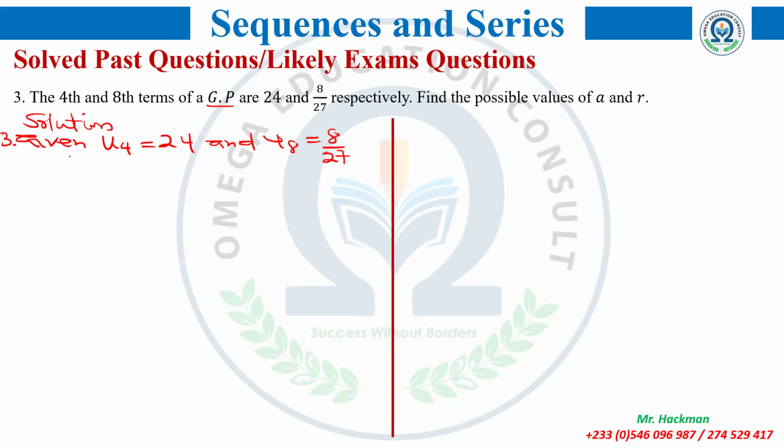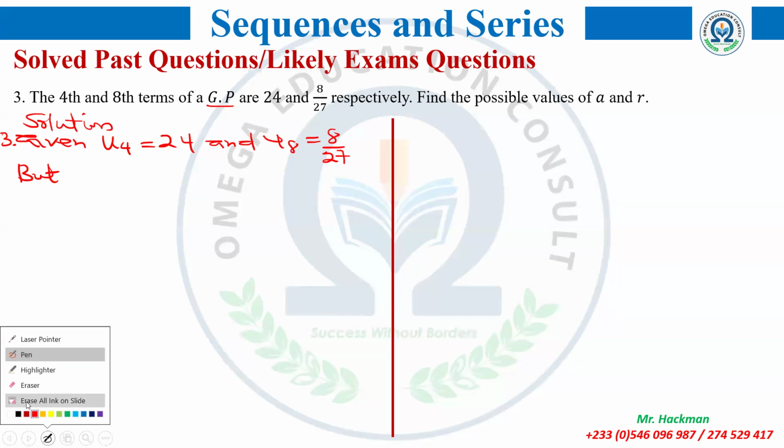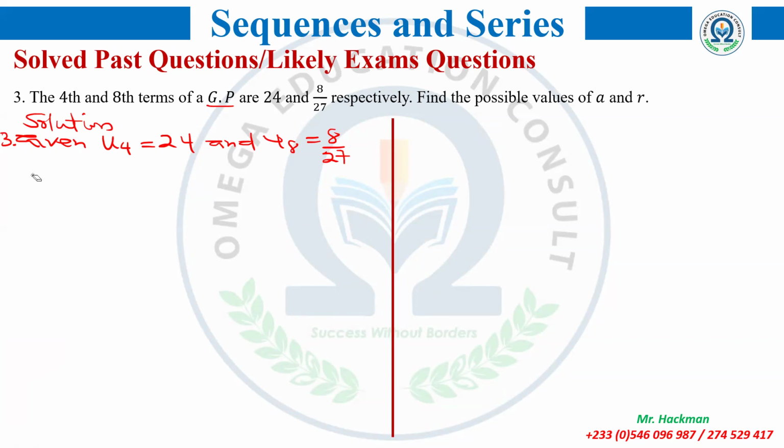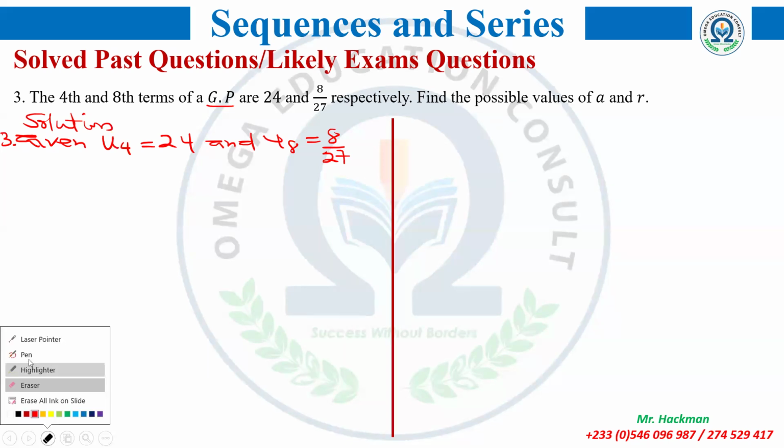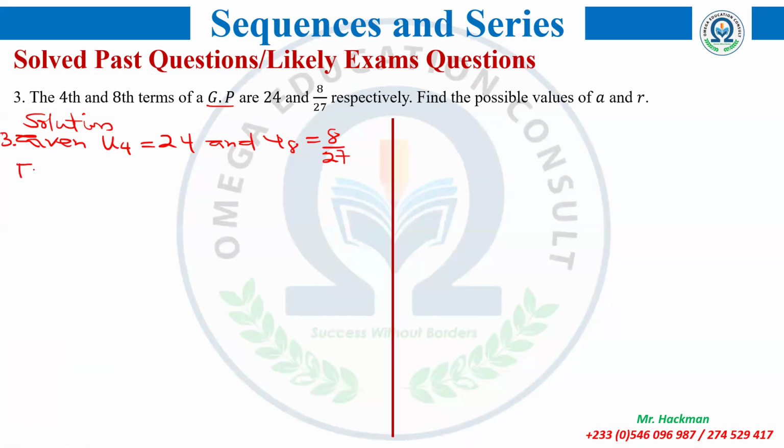So at this point, I'll write but. For an AP, I can even choose not to write but. Let me straight away be consistent. For a GP, my U sub n is given by which formula?